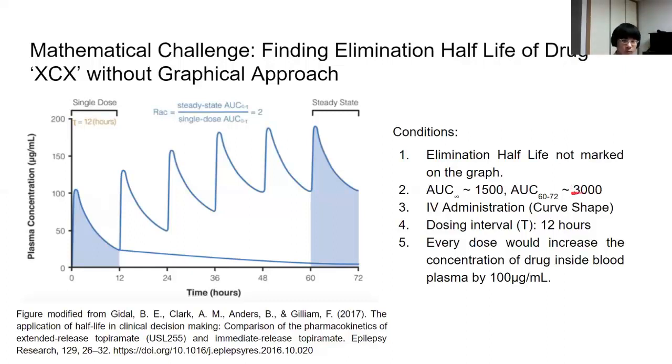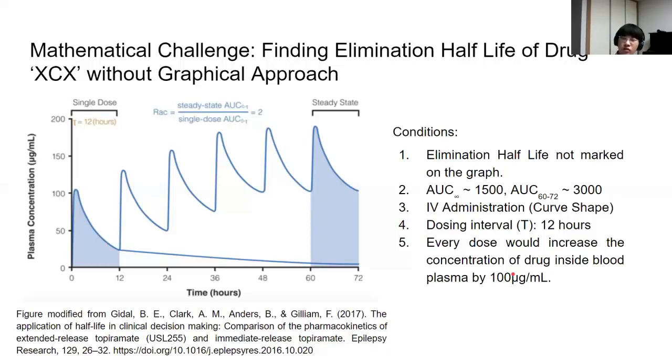This is intravenous administration because of the curve shape, and the dosing interval, as I said before, is 12 hours. Every dose will increase the concentration of drug inside the blood plasma by 100 micrograms per milliliter.